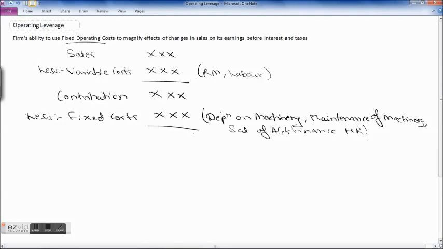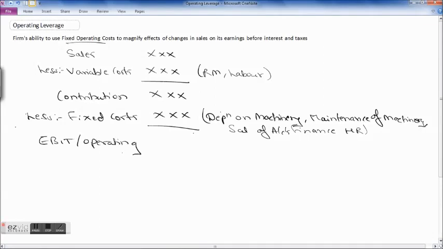Suppose there is more production, then accordingly you have to employ more labor and your variable cost will increase. So depending on the nature of cost, we have to specify whether it's a variable cost or a fixed cost. Once you deduct this fixed cost, you get EBIT or operating profit.